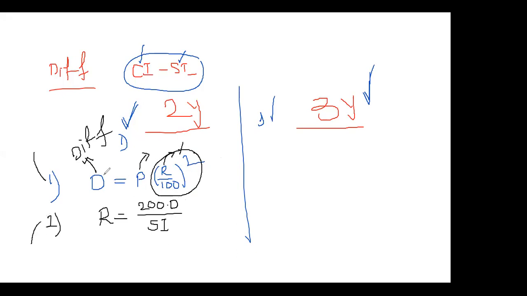See, in the first formula, how many unknowns are there? Difference, principal, and rate of interest. To use the first formula, they have to mention any two known values out of these 3, either D, R, P or P, R, R. Then the third one you can find.